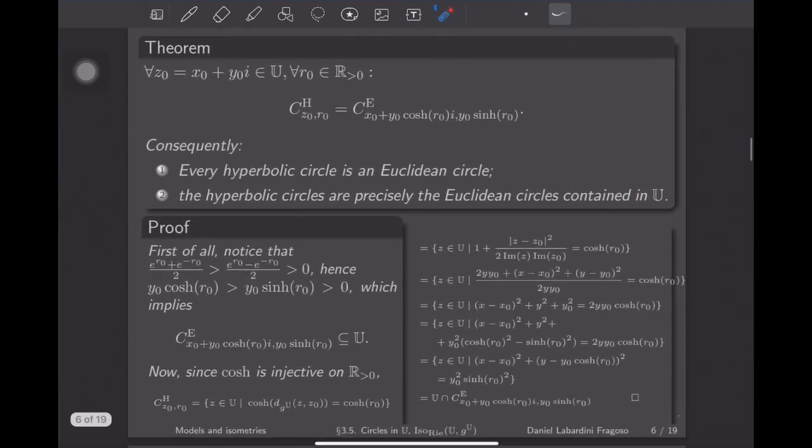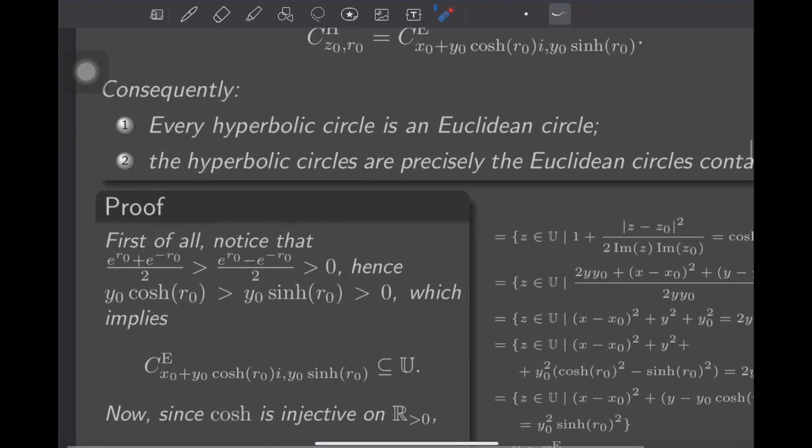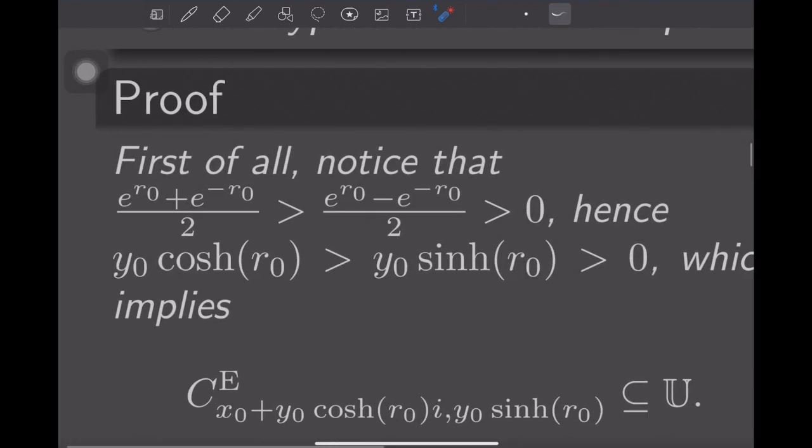So let's prove this theorem, which I find very, very beautiful. First, notice this. Of course, this is greater than this, because to this I am adding something positive, and here I am subtracting that same positive thing.